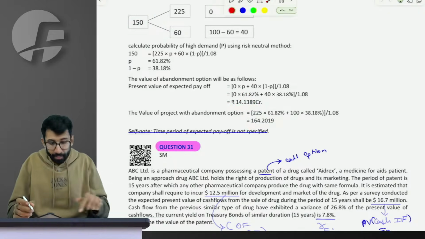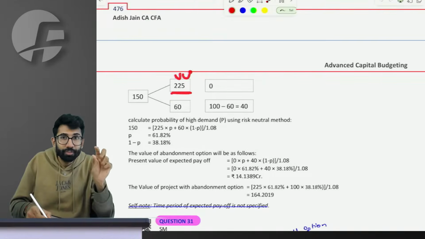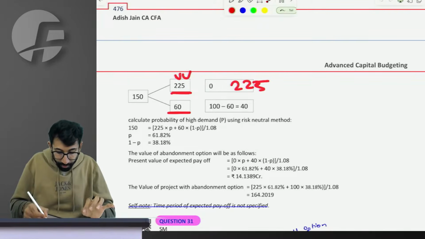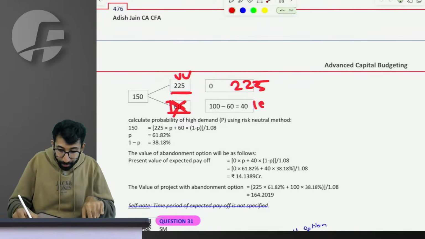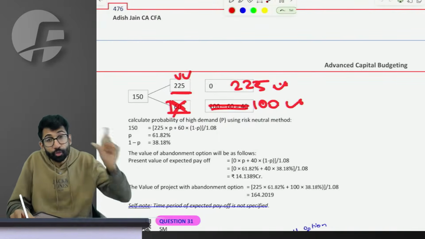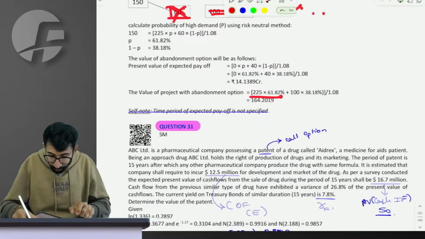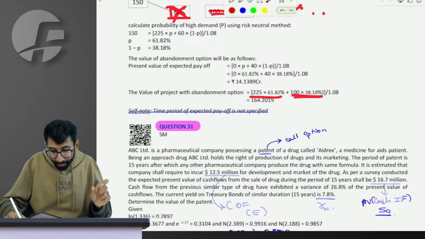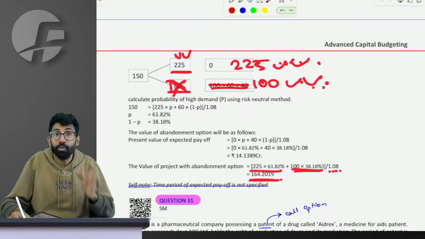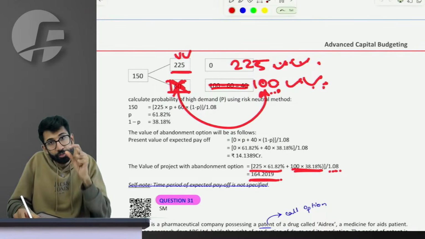Another way to think, sir, if the value of the asset becomes 225, I sell it for 225. If the value of the project becomes 60, with the option I'll be able to sell the project for 100. Do you agree? With the option, the future cash flows from the project are 225 and 100. 225 with this probability, 100 with this probability, divided by 1.08 gives me the value of the project with the option included in it, because rather than 60 I'll be able to sell it for 100, it is due to the option only.